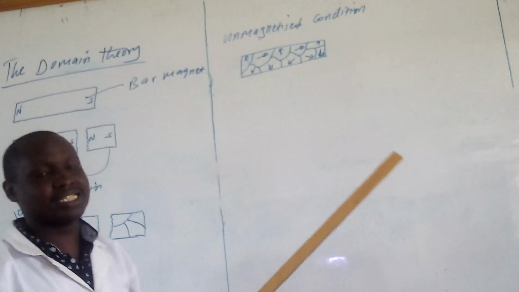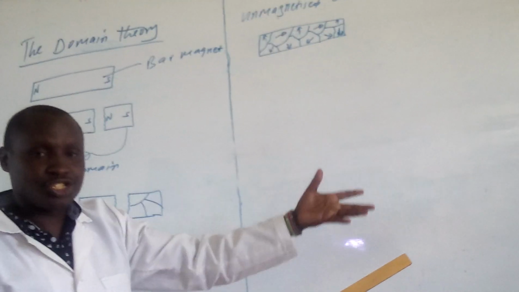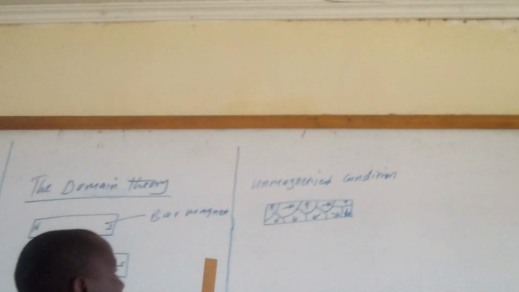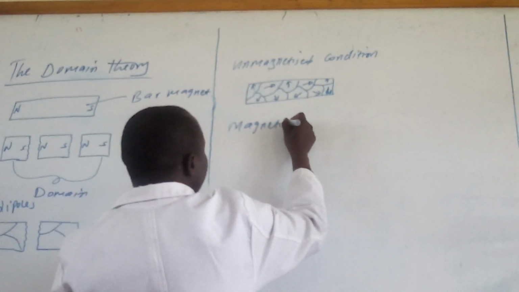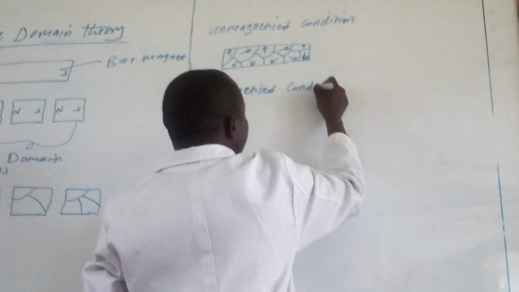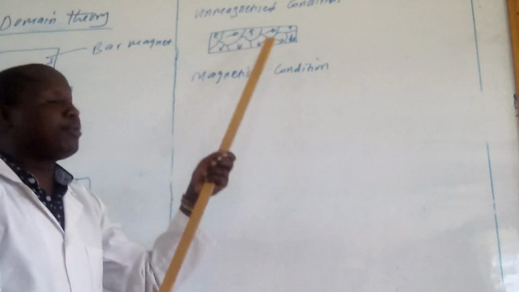What do we do when we magnetize this one? Remember, we will be having magnetization. So when we magnetize this one, what will happen to the dipoles? We have also the magnetized condition. In the magnetized condition, the dipoles will face now in one direction.